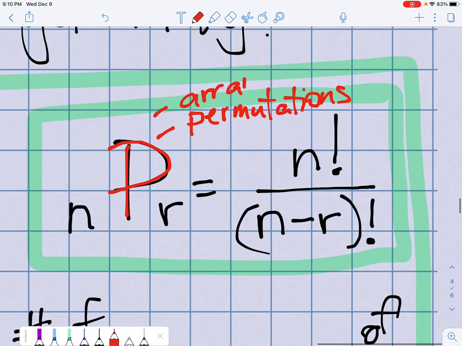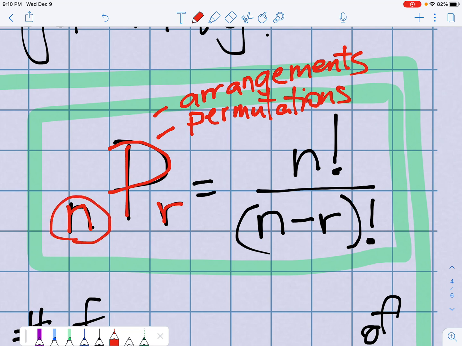So if we're looking for arrangements, and remember today we are counting things where order is important, then we're looking for permutations. Now, there's two little subscripts, one in front, one in back. The number in front is how many things we are picking from, and the number afterwards is how many we are choosing from that list.